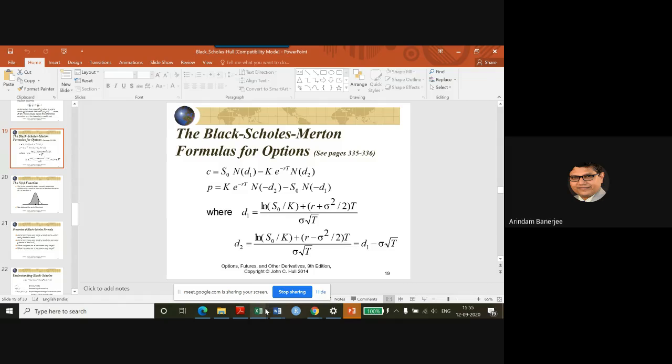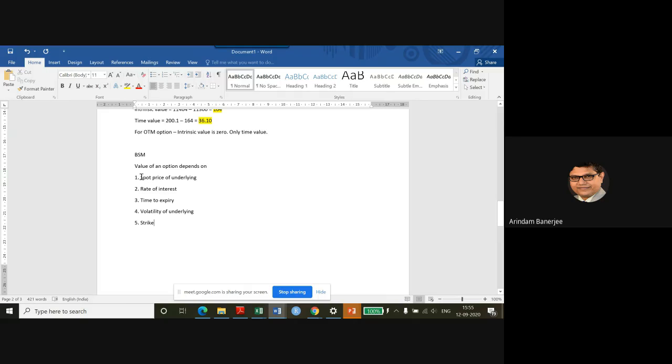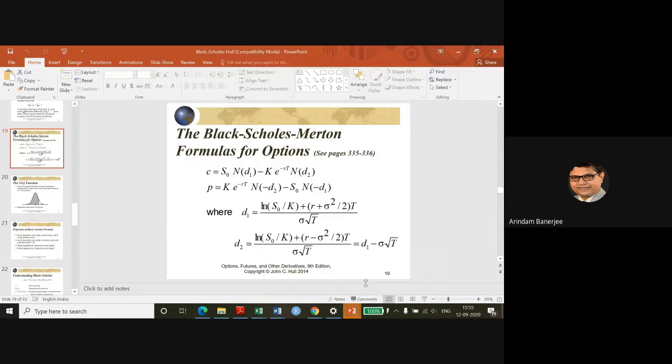That means, as per Black and Scholes, if we know the values of these 5 variables, then we can calculate the value of an option. In both formulas, for understanding, we are first trying to understand the formula for valuing a call option.